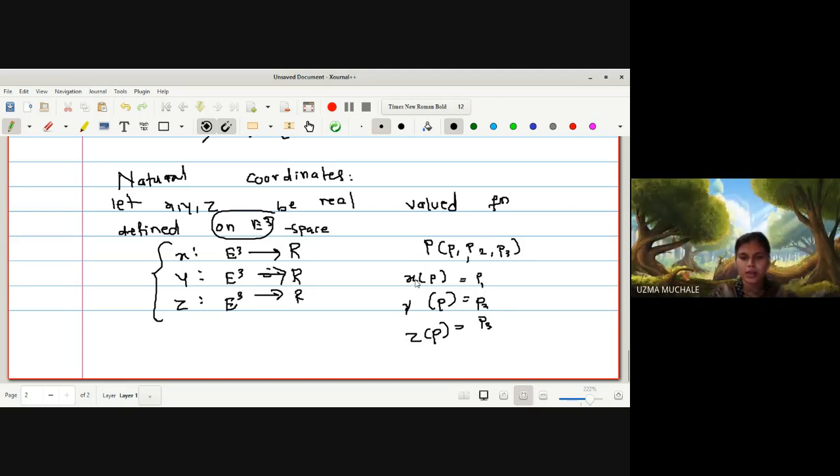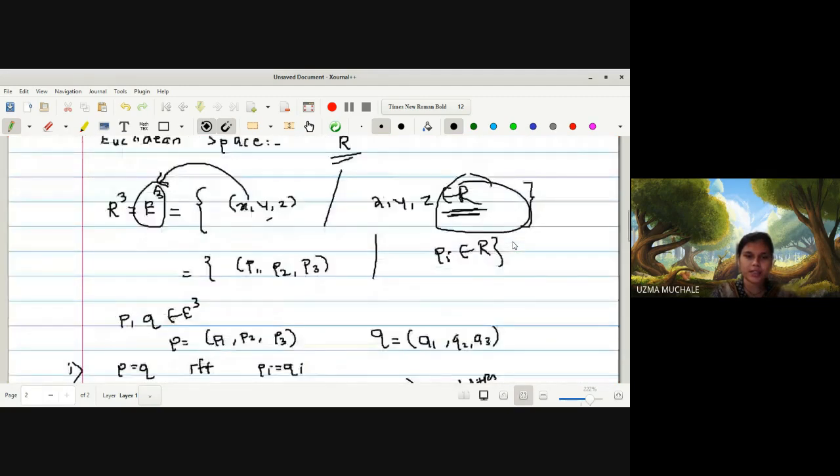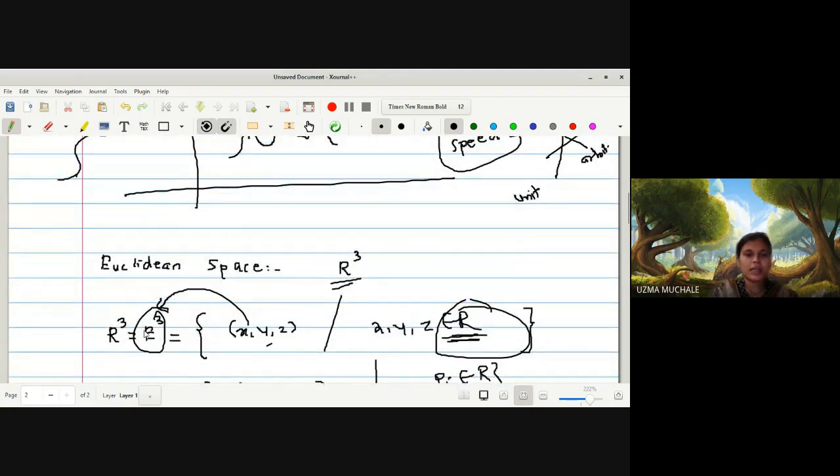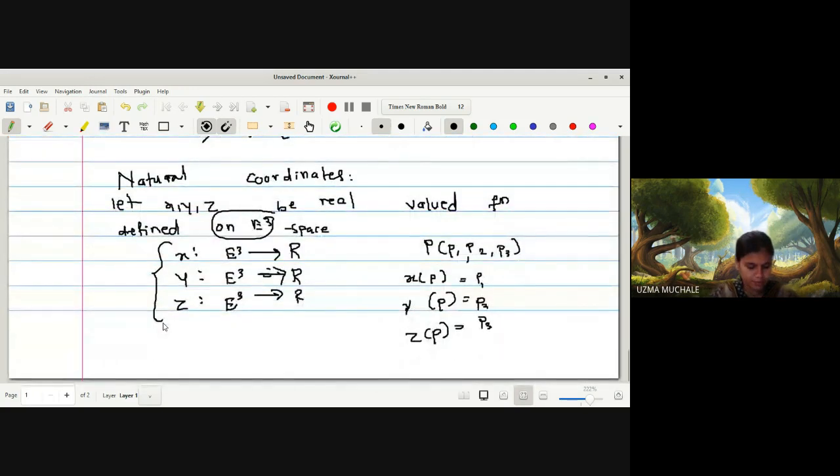The x coordinate of point P is P1, the y coordinate of point P is P2, and the z coordinate of point P is P3. Is it okay? Have you understood what natural coordinates are? Actually we already knew this while defining an E3 space. These are nothing but the real valued functions defined on an E3 space. Any doubt up to this one?